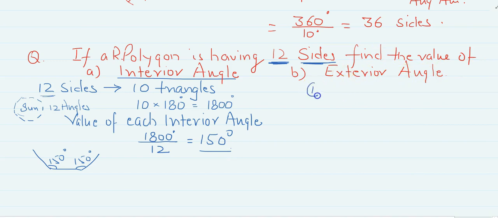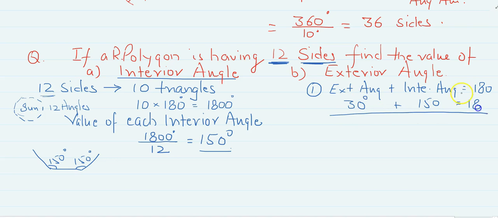The first method is exterior angle plus interior angle, sum will be 180. So if the interior angle is 150 and the sum is 180, the exterior angle will be 30 degrees.